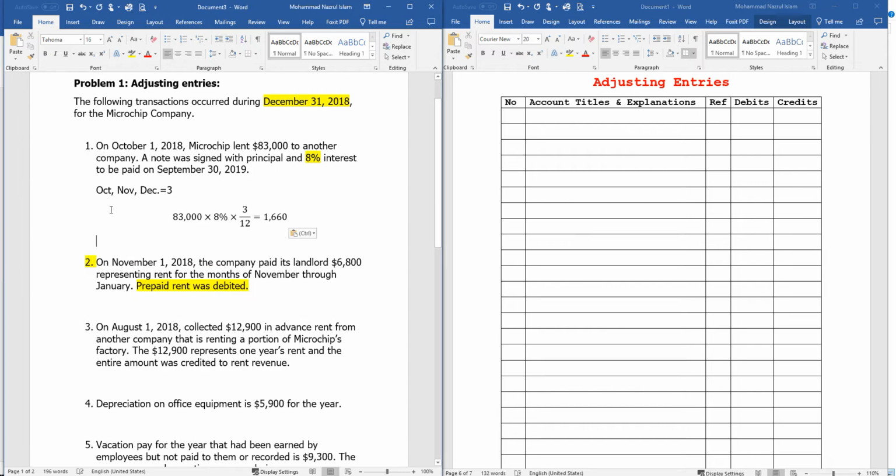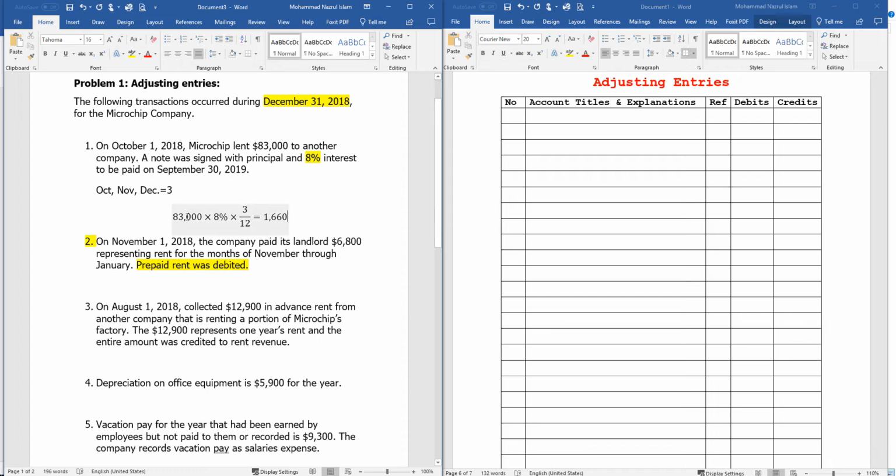So let's see how we do that. See here, 83,000 is our principal amount, 8% is the interest, and 3/12 because from October to December 31st, 3 months have passed, and 12 because the annual interest rate is for 12 months. So we have a total of 1,660 interest.